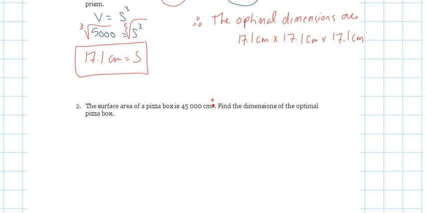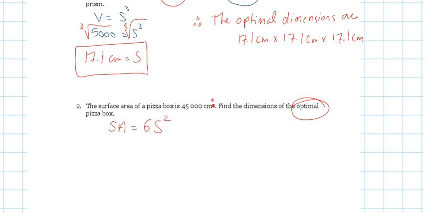So what do I do here in order to find the dimensions of the optimal pizza box? What do I start with? What's the formula? Surface area equals what? Yeah, because I know it's going to be a cube, right?